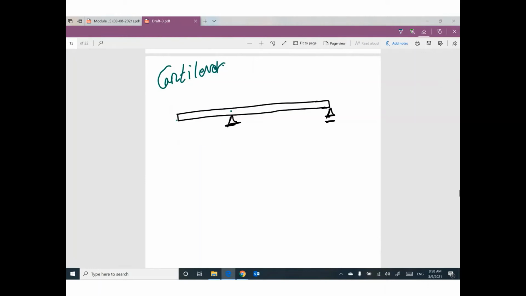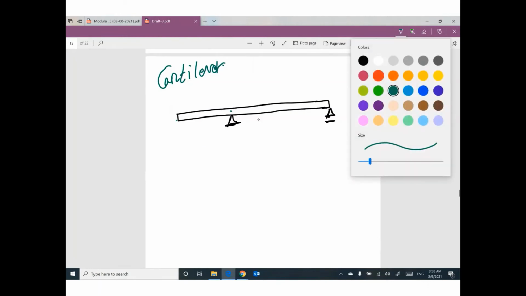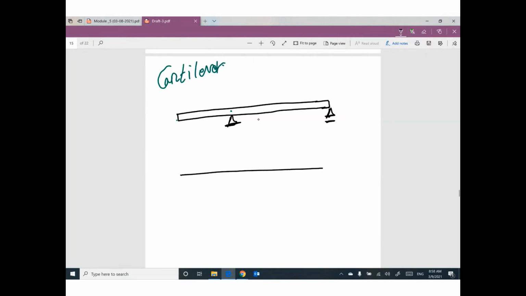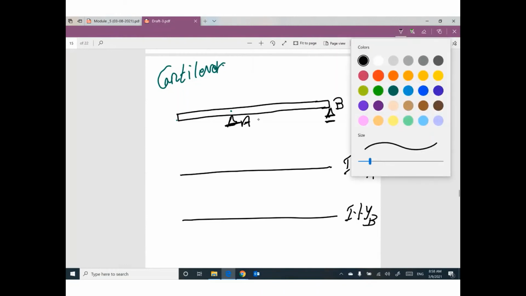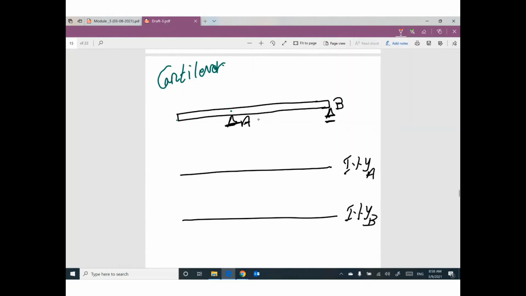Anyway, we need to draw the influence line for reaction YA. Here is A. And we need to draw the influence line for reaction YB. Here is B. Let's start with reaction YA. Go ahead and move this support up by 1.